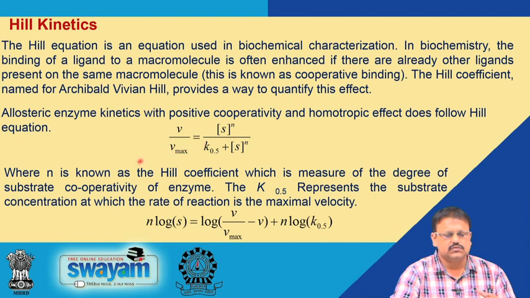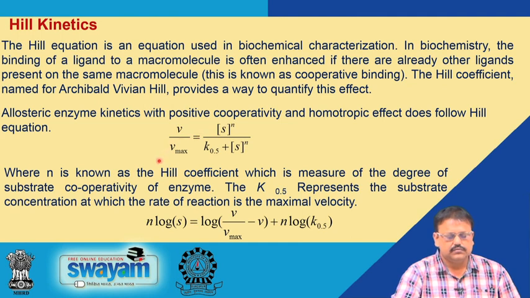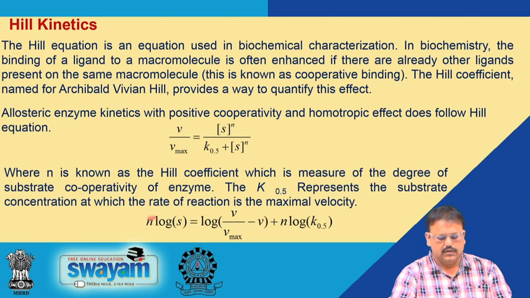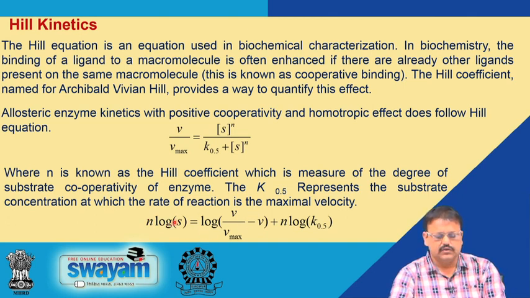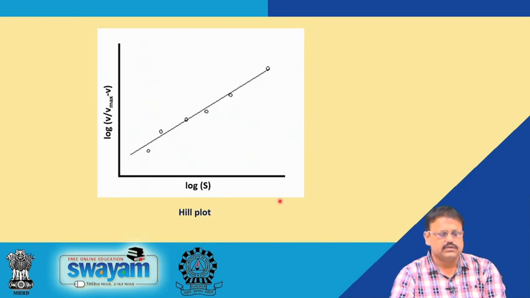So, Hill developed the equation in this way: V by V max equals s to the power n over k0.5 to the power n plus s to the power n. This equation can be presented in this fashion, and from the experimental data we can calculate the n value and k0.5 values.